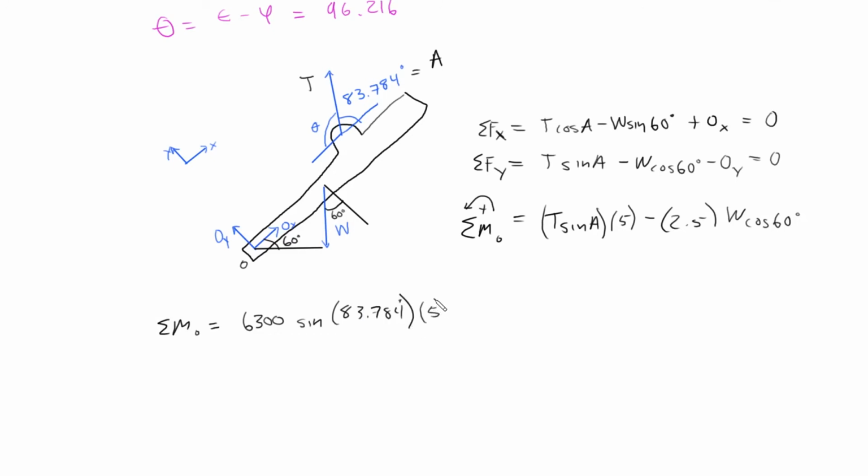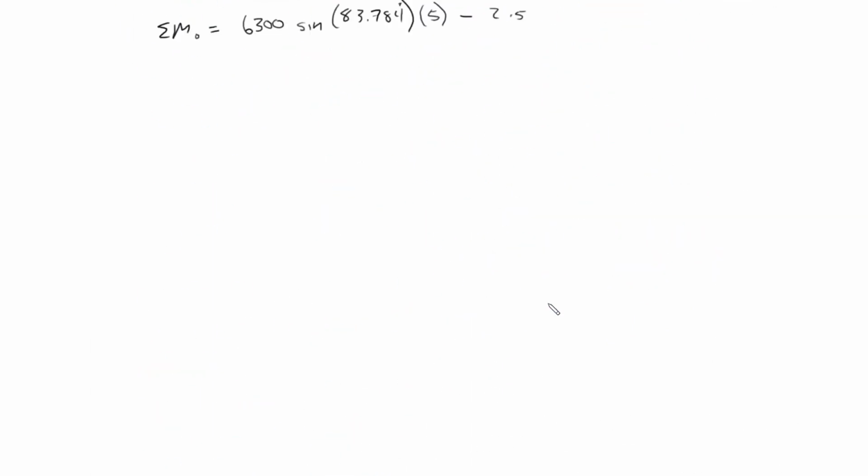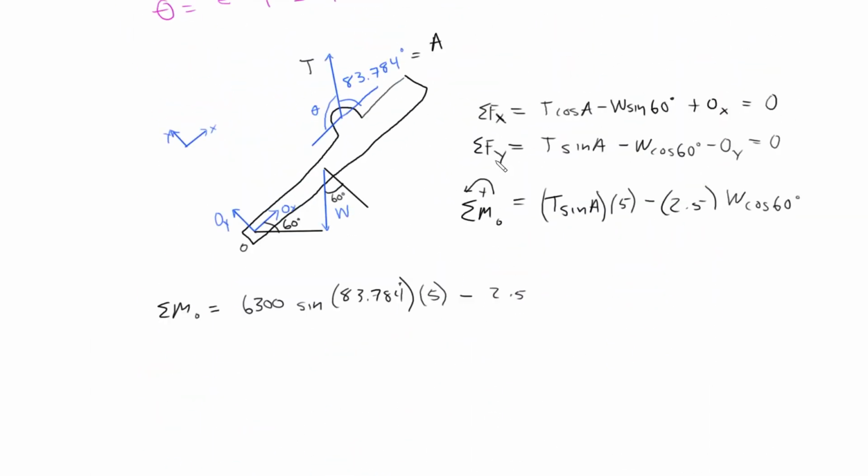This is going to be 5 meters minus 2.5 meters times W, and I believe the weight is 300 kilograms times 9.8. That is correct. We're in the metric system, so it'll be 300 times 9.8, which is the weight, and then the cosine of 60 degrees. So if we solve this equation, we'll get the moment about O.